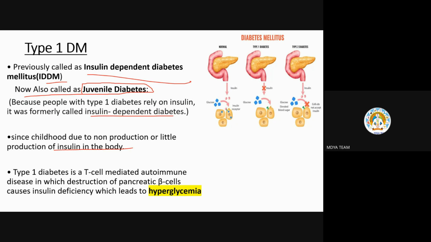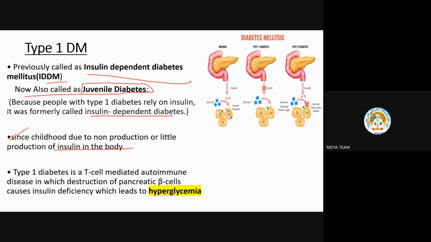Which cells of the pancreas release insulin? Beta cells. Yes, okay, beta cells. And which cells release glucagon? Alpha cells. Glucagon. Yes, very good. So beta cells are not releasing insulin, by birth itself it could happen. Or if they are releasing insulin, it is too little to be useful for our body.